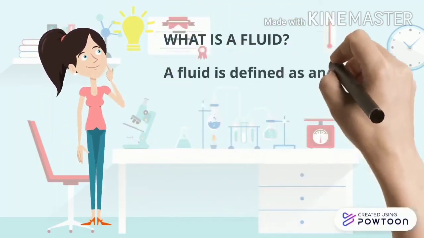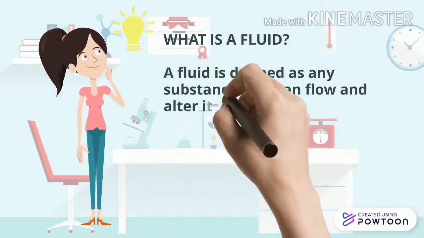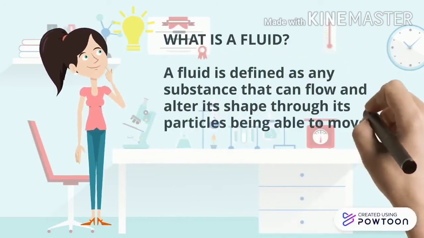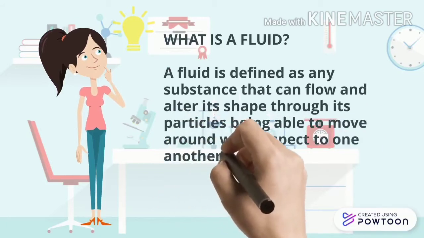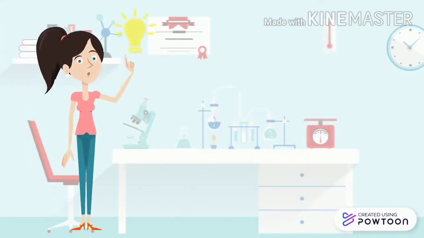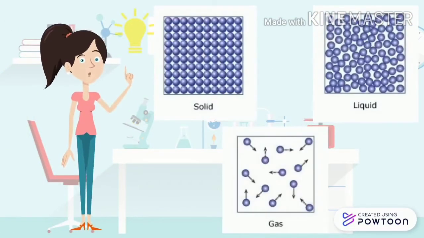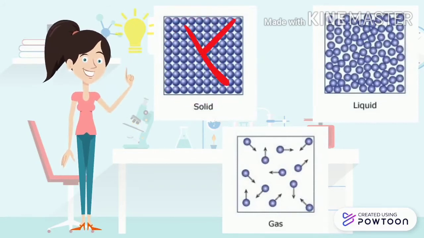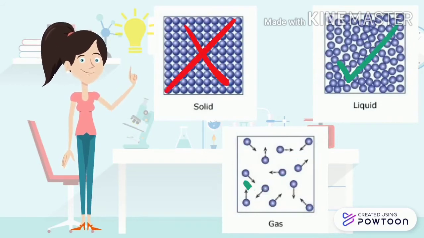A fluid is defined as any substance that can flow and alter its shape through its particles being able to move around with respect to one another. In a solid, particles are fixed and compacted in a lattice, making it have a definite shape. Therefore, solids are not fluids. Liquids and gases are, for their particles move freely.